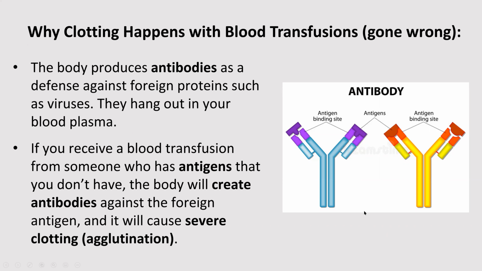So not with your blood platelets, but they will be in your bloodstream if you're producing them to prevent foreign blood types going through. If you receive a blood transfusion from someone who has antigens that you don't have, your body will create antibodies, these little triangle hat things, against the foreign antigen, and it will cause severe clotting once this starts happening, which is what we call agglutination.